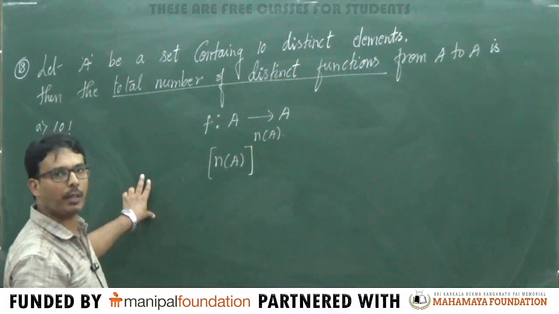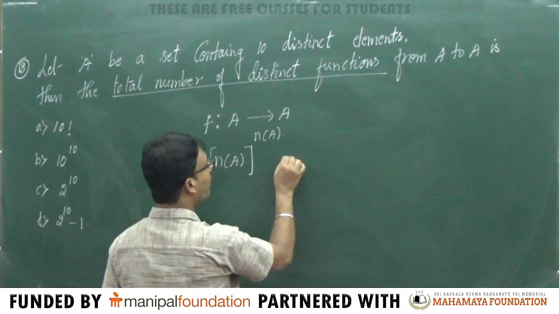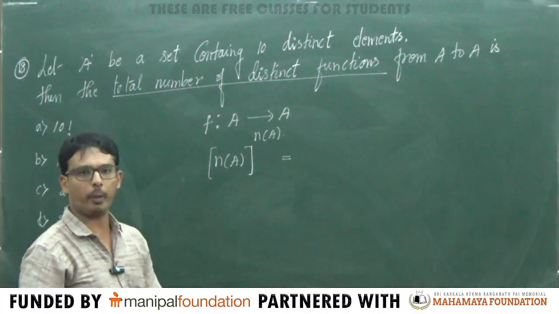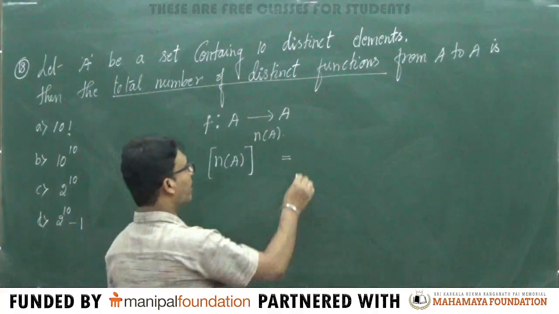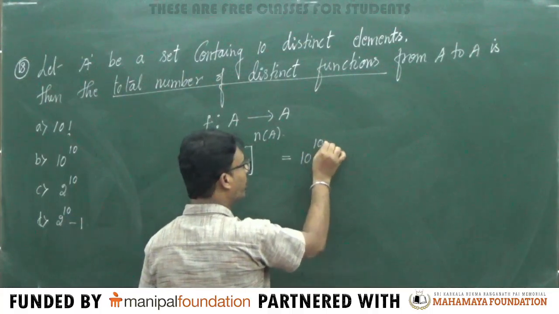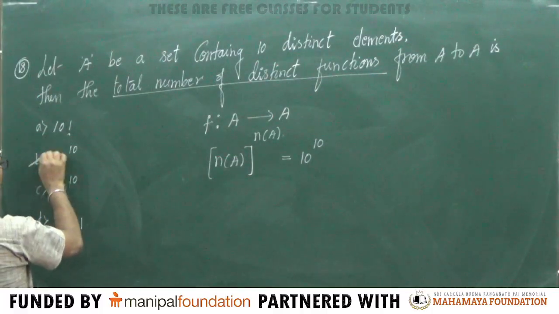Here both domain and codomain are the same set containing 10 elements, so the number of distinct functions is 10 to the power of 10. Therefore, the correct answer is option B.